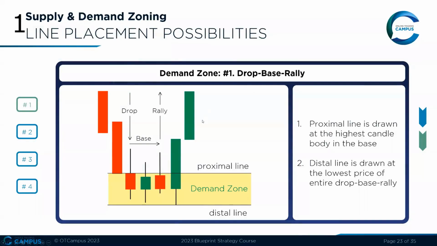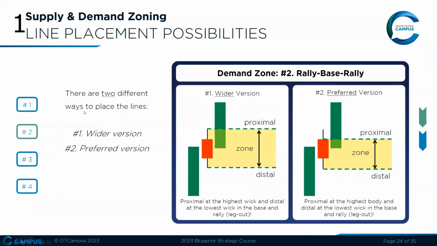this was the drop-base-rally. There's another demand zone, and that's the rally-base-rally. And for the rally-base-rally, I want one of you to potentially do the practical application in just a bit after we talk about the theory real quickly here. So again, we have a wider version and a preferred version.